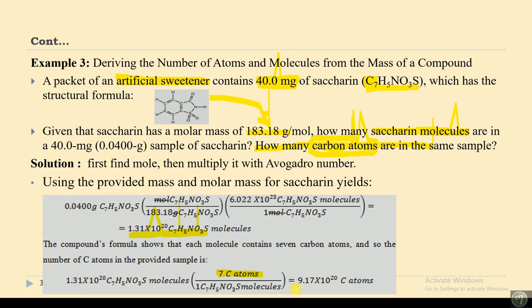The mole we found is multiplied by Avogadro's number and we get this many molecules. Now for carbon atoms, one saccharin has 7 carbon atoms, so 7 times this number. The number of carbon atoms here is 1.3 times 10 to the power of 20, we have this times 7, so this would be the carbon atoms obtained from this problem.